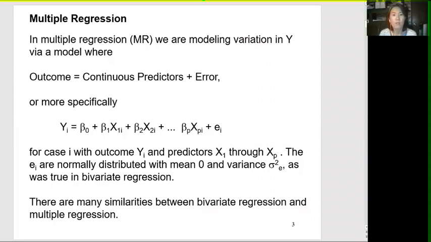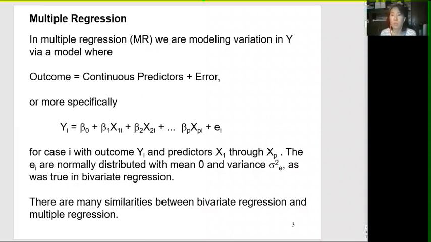Or more specifically, Y equals beta 0 plus beta 1 x1 plus beta 2 x2 plus and so on, beta p xp, plus error. For case i, meaning observations, so the sample, with outcome Y and predictors X1 through XP.